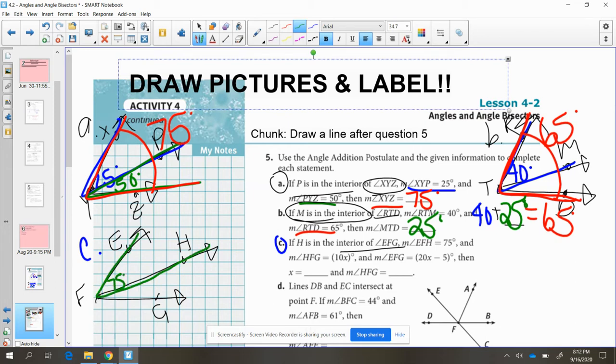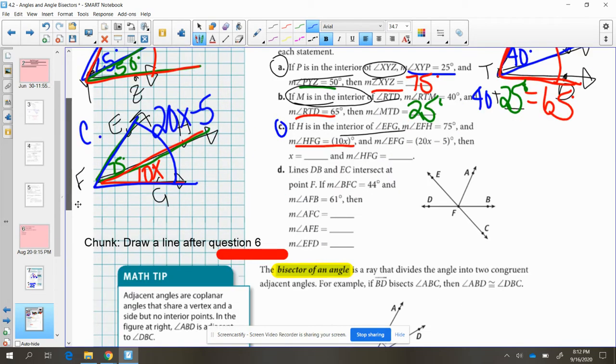They are giving us that HFG here is 10x. And last but not least, they are giving us that the whole angle EFG is 20x minus 5. Now, again, we need to set up an equation that's going to actually allow us to solve for that missing piece, right?